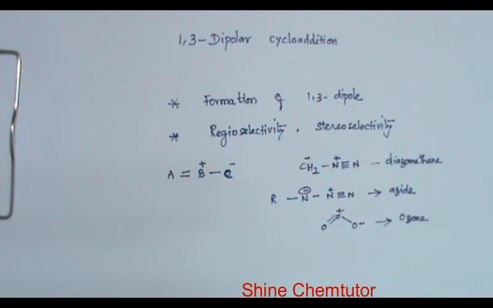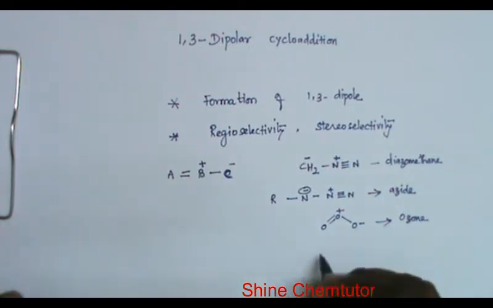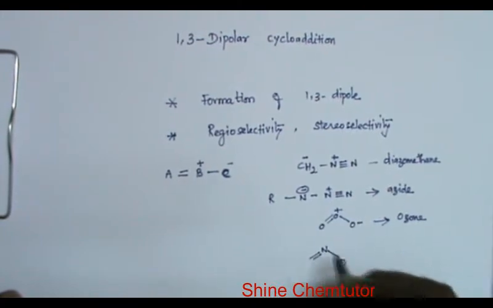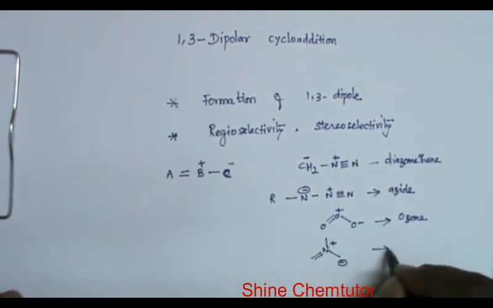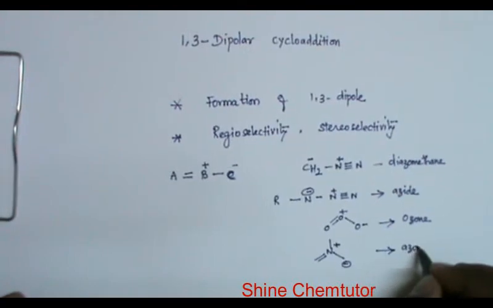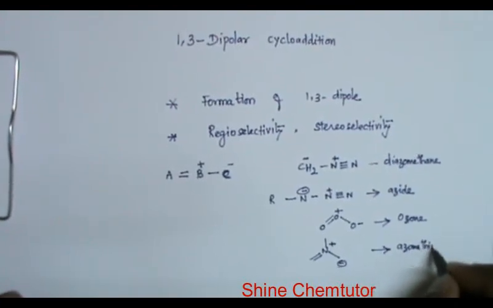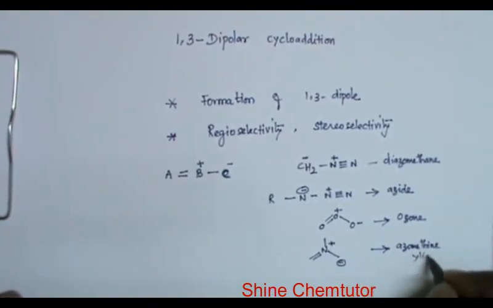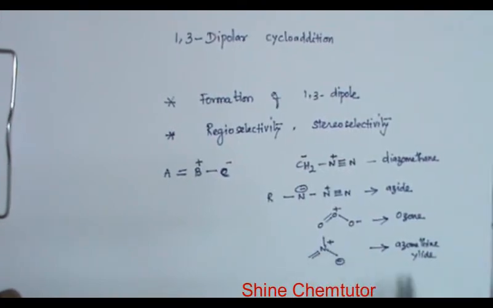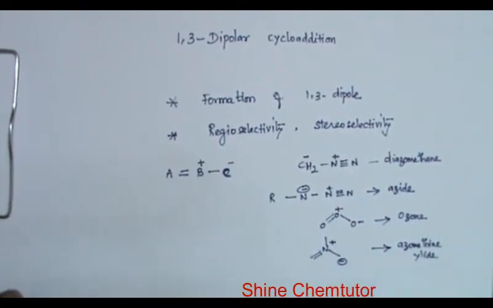Apart from that, we have two more from which they ask questions very often. First one is azomethine ylide. Minus charge and plus charge are on one carbon, so we give ylide.